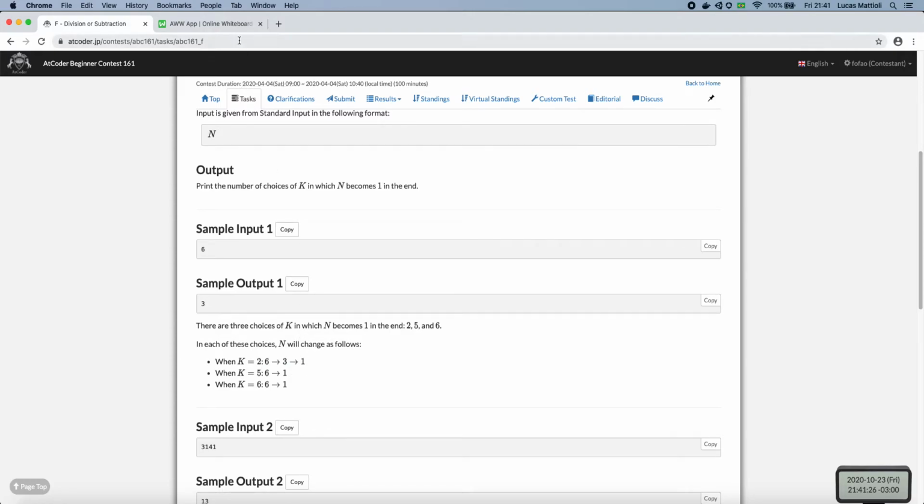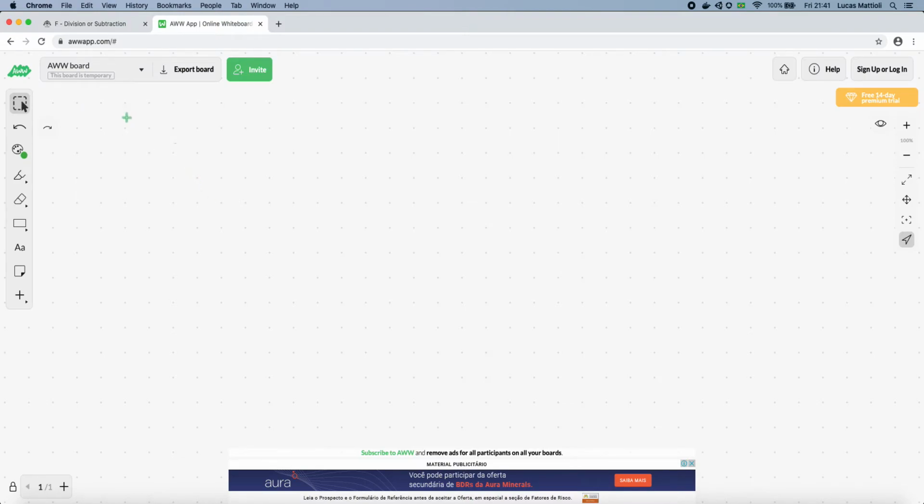So for example, if we take k as 4, then we start with n equals 6, and we see that 6 is not a multiple of 4, so we need to subtract 4. Then we will arrive at 2.